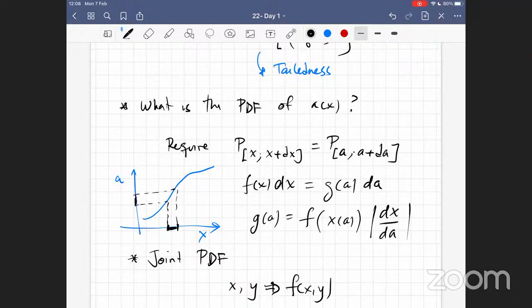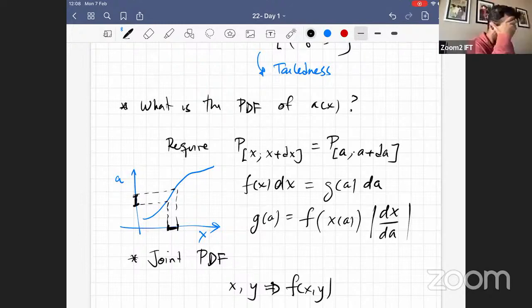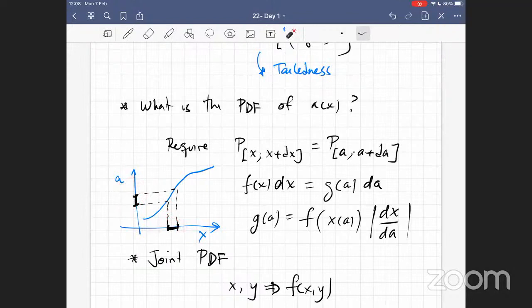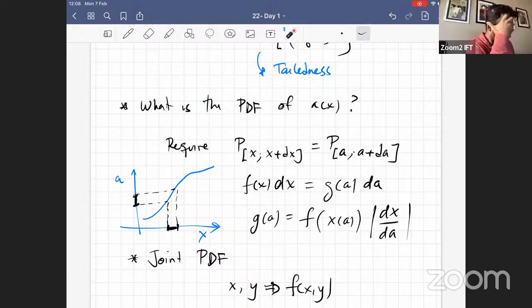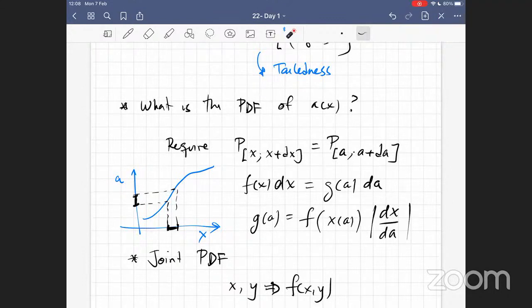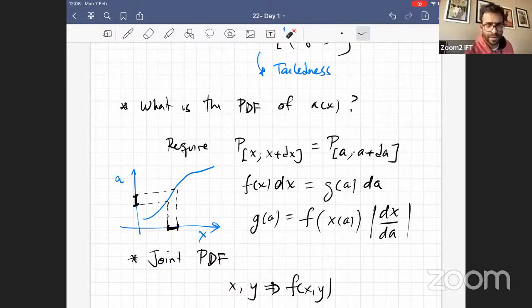And so I am saying that the probability of A to be in this interval is the same as the probability of X to be in this interval. Maybe it's the notation. Yeah, I agree with that. Probably it's a matter of notation, but we can discuss later. Thanks. Any other question before going to the second part?